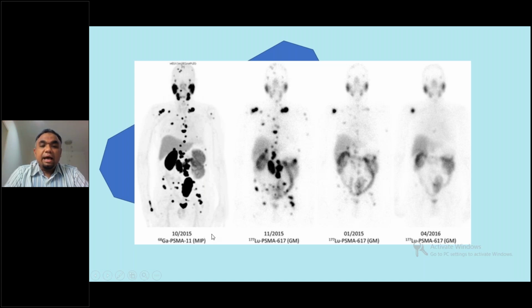And then after a month apart, they decided to give what we call PRRT, peptide receptor radionuclide therapy. So this is basically giving the patient lutetium 177.